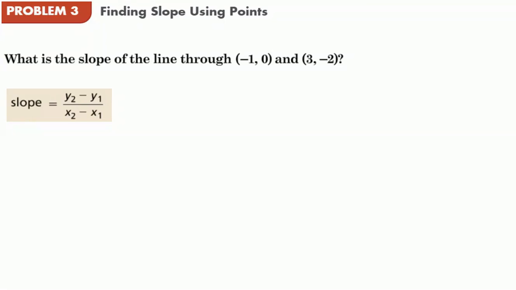So the way this works is we are given 2 points. This represents x, this represents y, this represents x, this represents y. What we're going to do is we're going to make this our point 1. And we'll make this point 2.